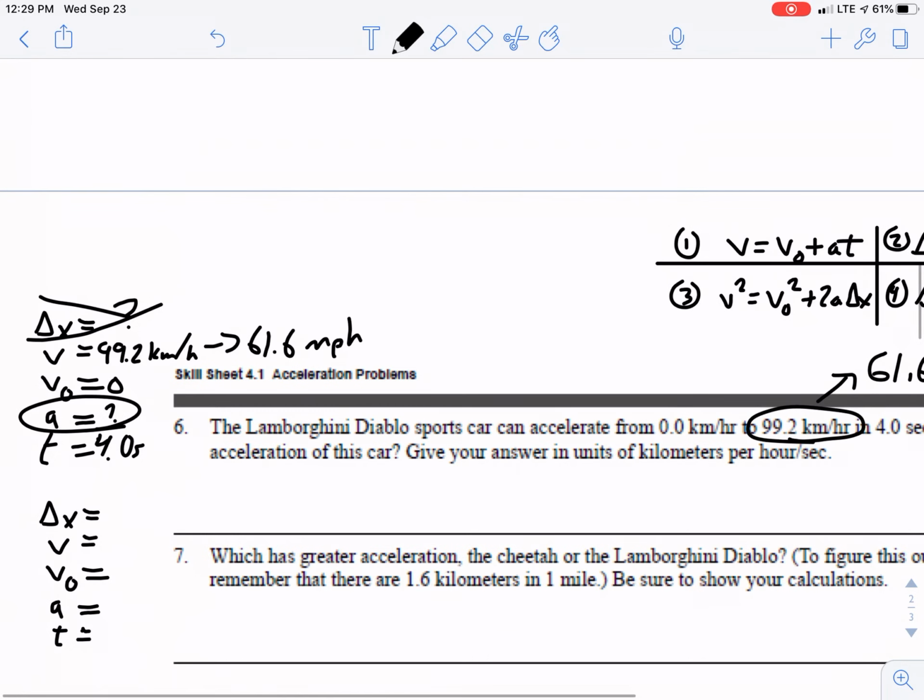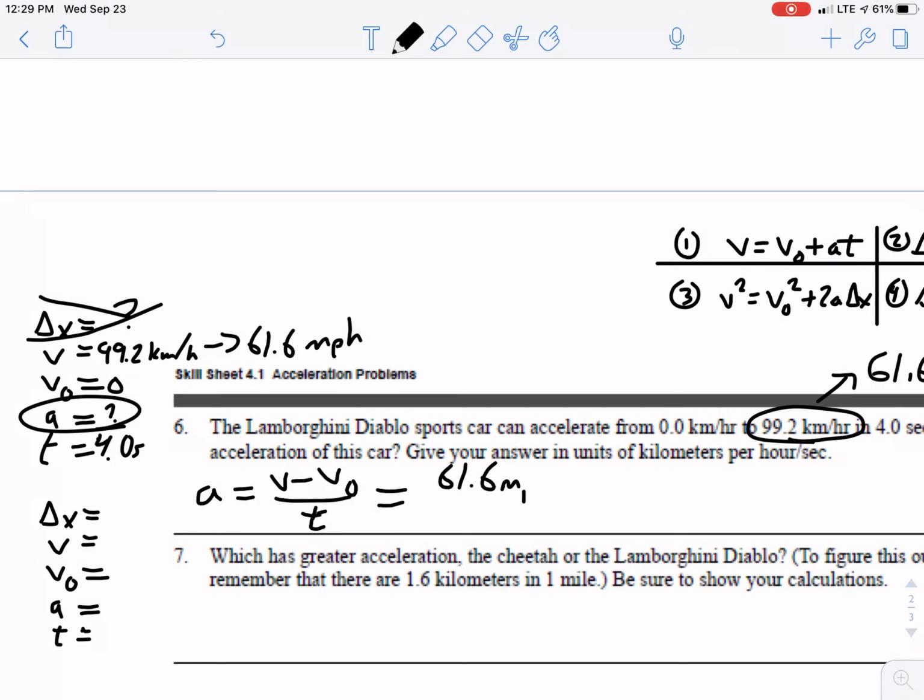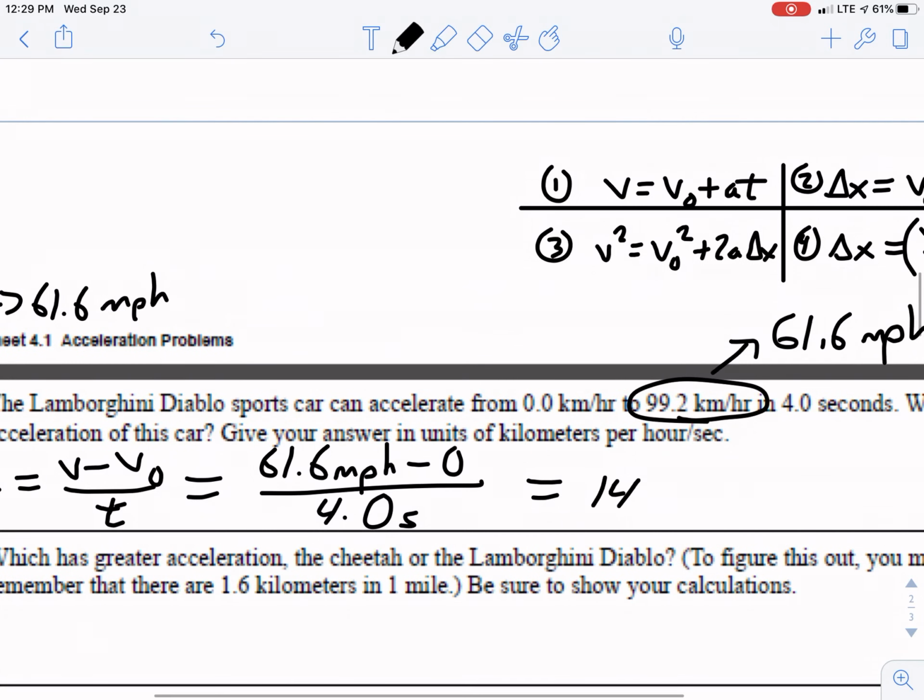So I'm going to be using that in my calculation instead, 61.6 miles per hour. Okay, I'm using the exact same equation, v final minus v initial over time. V final would be the 61.6 miles per hour minus 0 starting from rest over 4 seconds. And 61.6 divided by 4 is about 15.4 miles per hour per second.